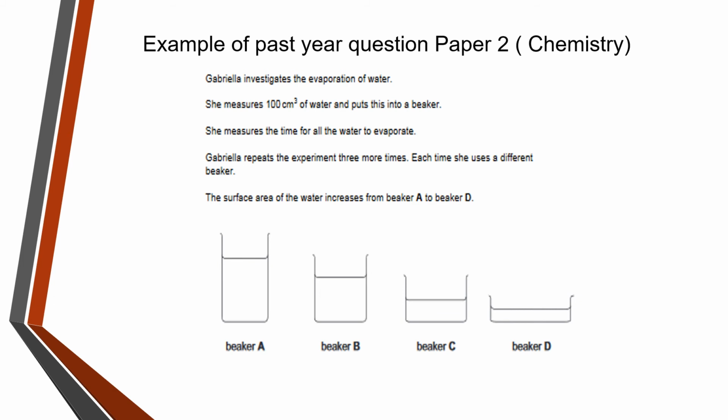All right, so all 100 centimeter cube, the same amount of water. Okay, but what is different? The size of the beaker is different. They have already said the surface area of water increases because the size has increased. So the surface area of water increased from A to D.